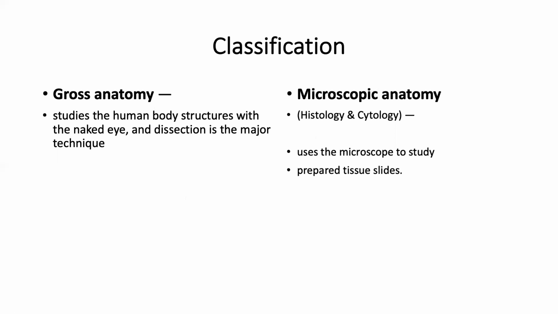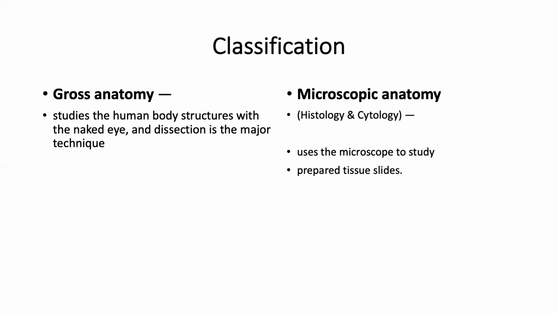So we will have a topic about the microscope. Under microscopic anatomy, we can divide into two groups: histology and cytology. If we are studying solid tissue, for example, say you are on the pathology team and the surgical team removes a tumor and gives it to you.